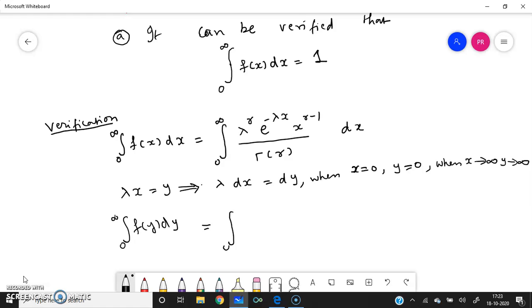Since x varies from 0 to infinity, y also varies from 0 to infinity, and then you will get lambda to the power of r.